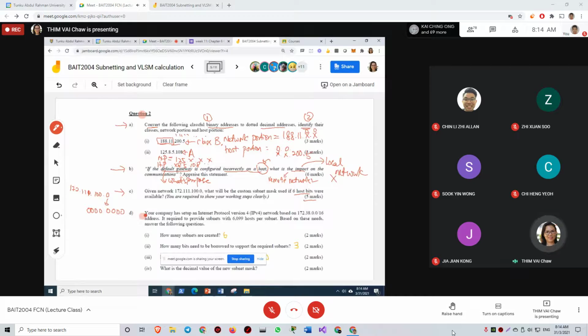Okay, so clearly, over this side, it mentions you already keep 6 bits available for the host.